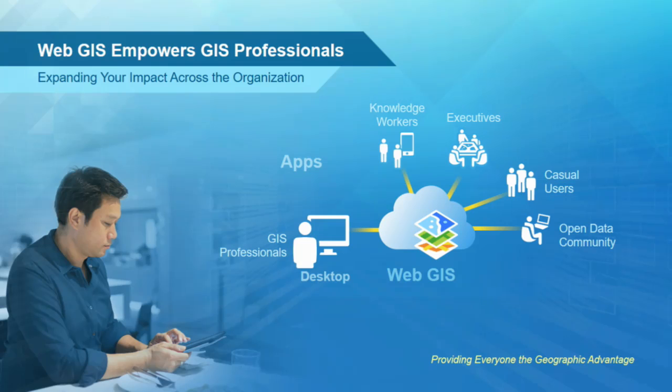The GIS department does their own thing, and they do it really well, and they do some awesomely powerful stuff, but it's not necessarily accessible to the rest of the organization, the non-GIS people. They don't have access to GIS, and WebGIS and Esri Maps for SharePoint is a way to get that data out to them, to get your reach out across the organization and to become even more influential across the organization.